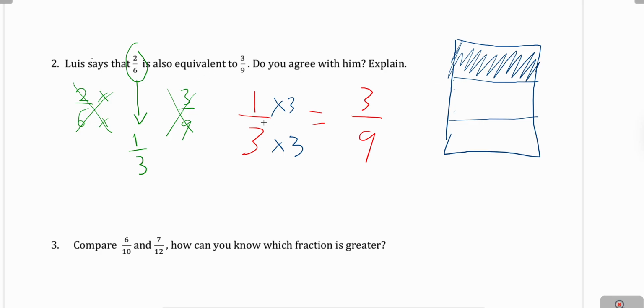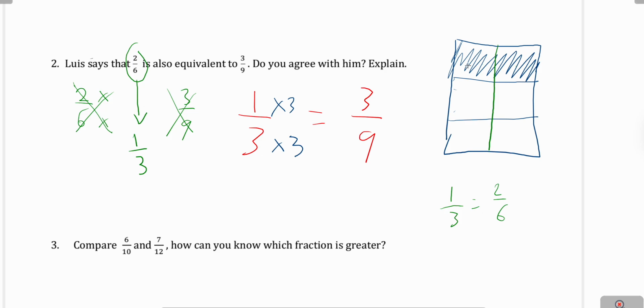Next, I'm going to break it to show you how this became 2/6. It just became 2/6 right now. Look, 2 parts out of 6. So 1/3 is the same as 2/6, as you can see there.